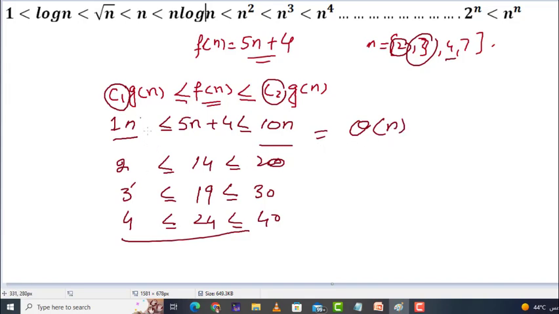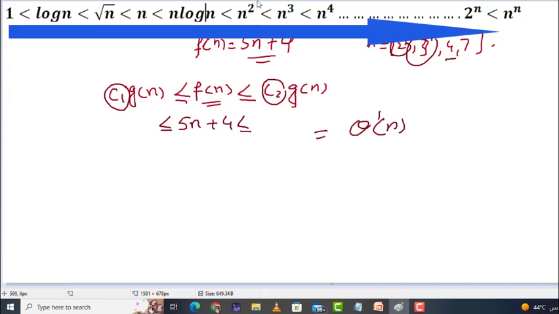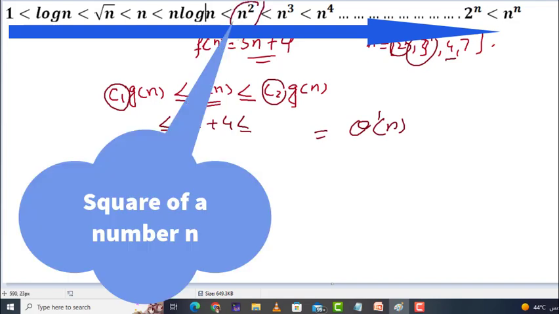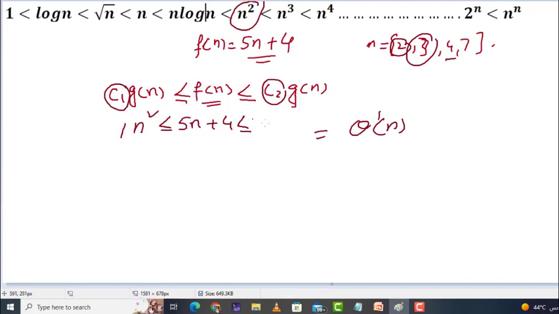But if I try to keep a different function from the given function, for example n square here, and 10 n square there, the condition will not be true. This condition will definitely be satisfied, but the other condition will be false.